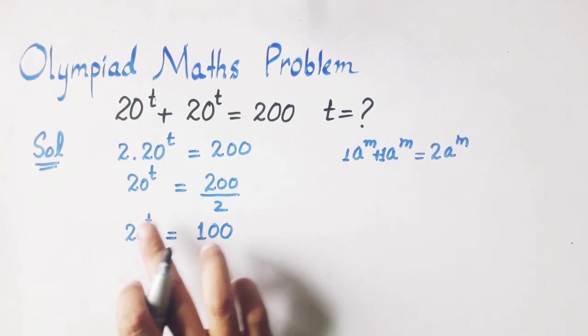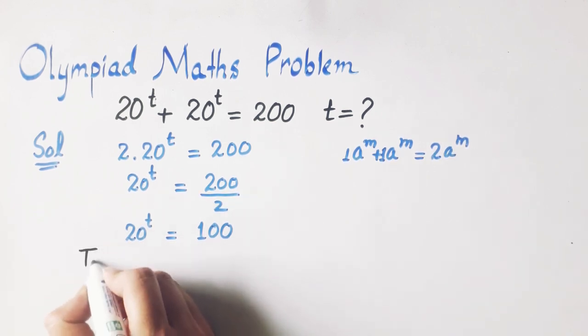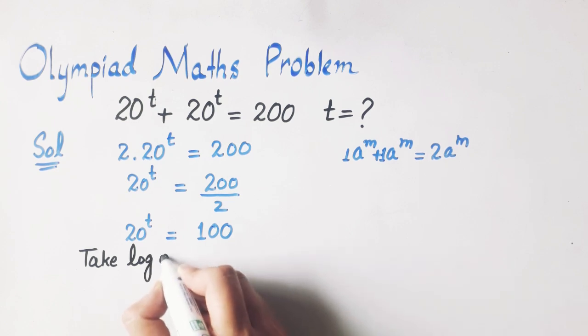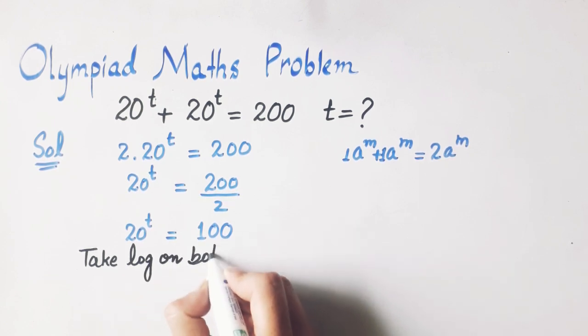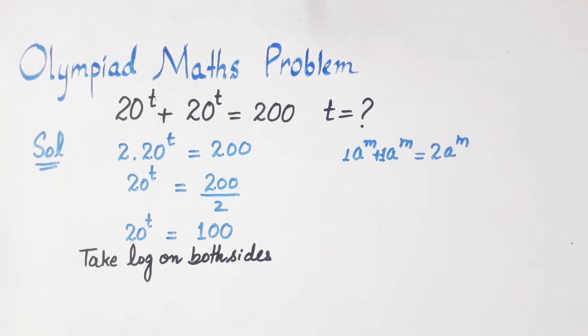Now the question is, you have to find the value of t. For this purpose we will take log on both sides. What will happen?